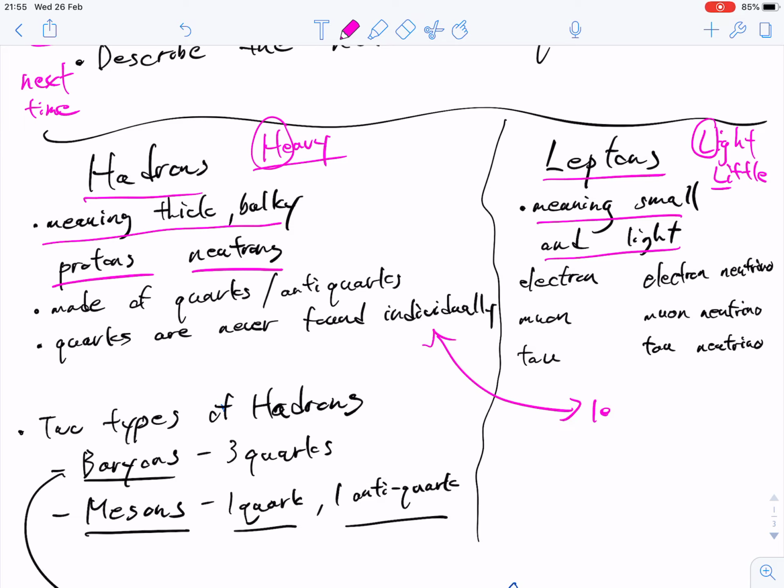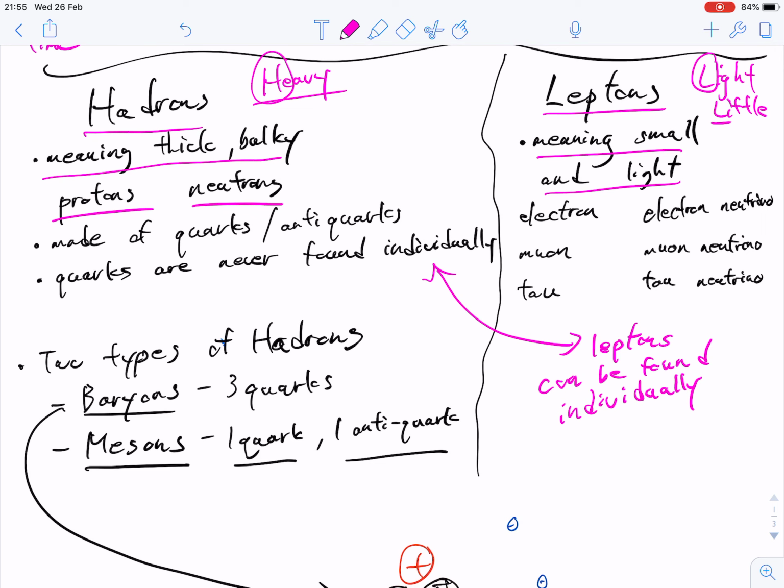So leptons can be found on their own, individually, whereas quarks and antiquarks are always found in pairs or triples, at least that's what we know so far.